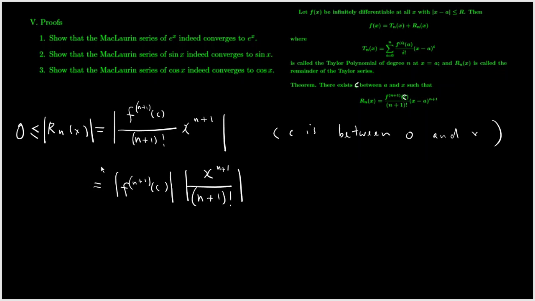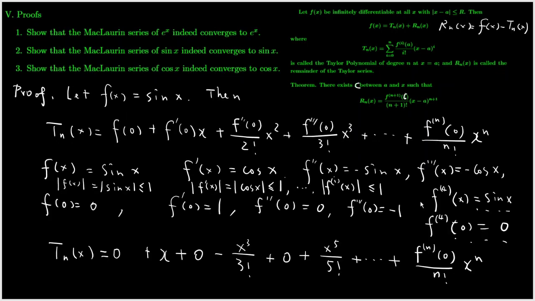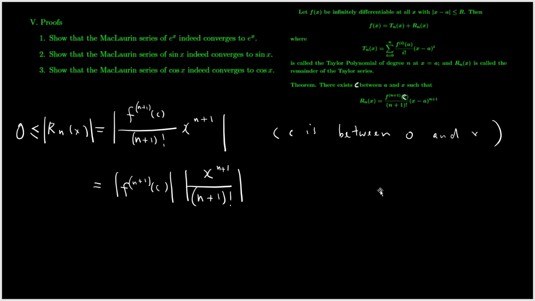Now let's recall we mentioned earlier, it's here. Any derivative of the function at any value of x is always less than or equal to 1. In particular, the first factor in here is less than or equal to 1. This is the absolute value of either sine of x or cos of x at c. So I'm going to replace the first factor with the slightly larger number 1.